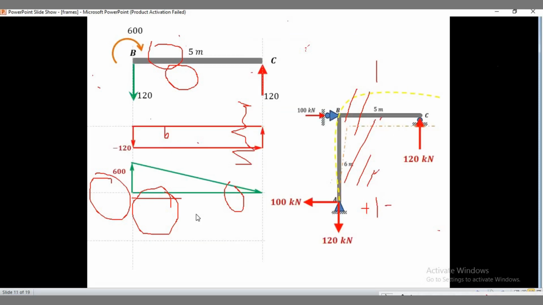At yung aking axial force. Since wala tayong axial, so this beam is neither under tension nor compression. So, ganyan lang itong problem na to.